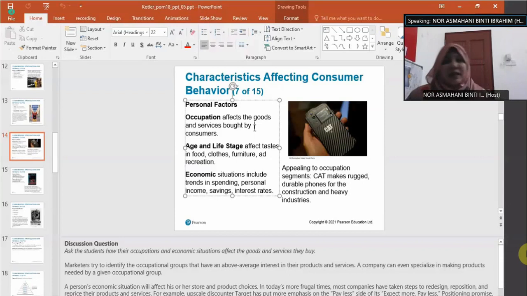What about the blue collar and the other professional or other occupations? The way they wear, what they wear, basically reflects their occupation, right?